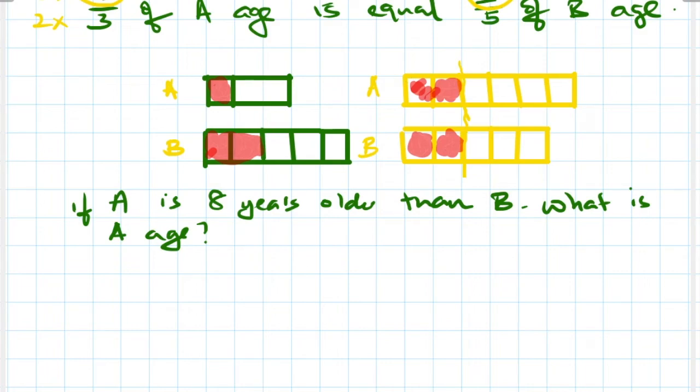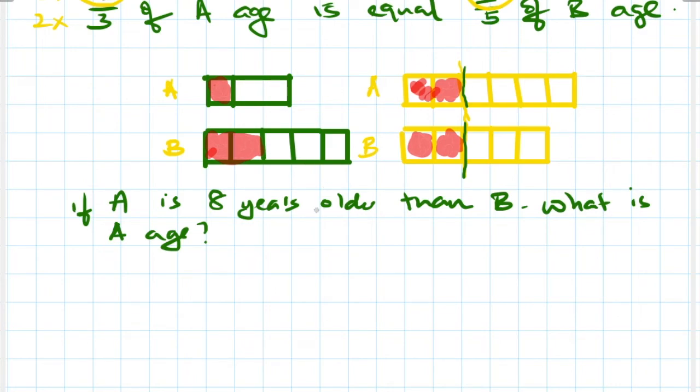Because we have already made this the same, right? Because it says 1/3 of AH is equal to 2/5 of BH. Correct or not? You have already made this. It's the same, right? And you already wrote out this model, a new model for A and B.